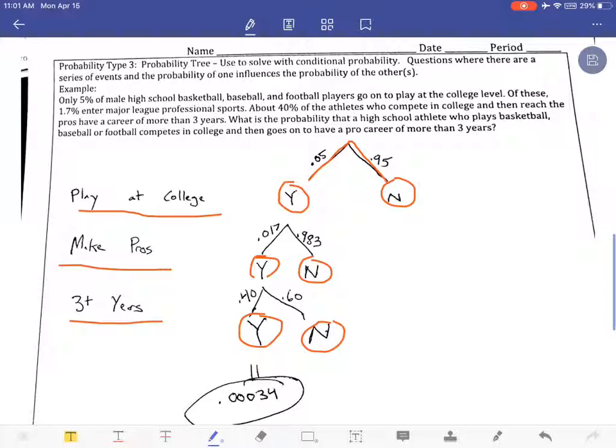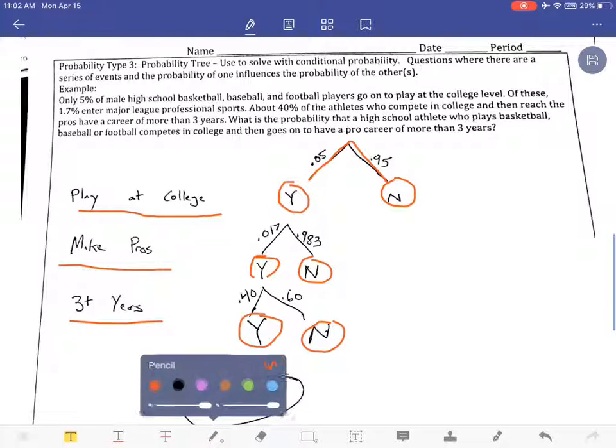So the question is asking, what is the probability that a high school athlete who plays basketball, baseball, or football competes in college, then goes on to have a pro career of more than 3 years? So anytime we're doing this, we want to just follow the tree down to the different events that it's asking. So what's the probability that a high school athlete competes in college? We'll do this in a different color.